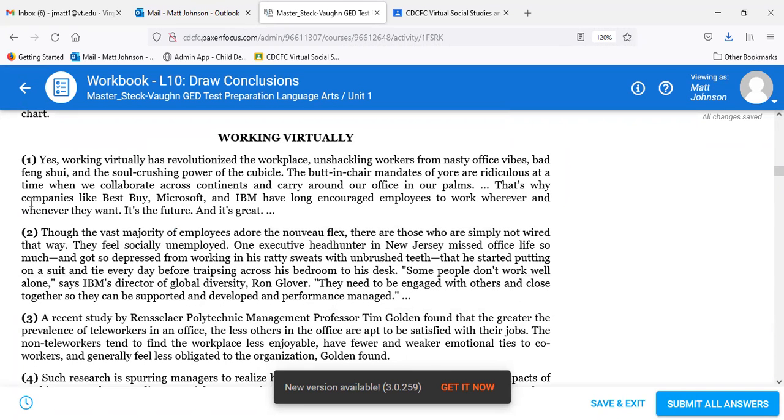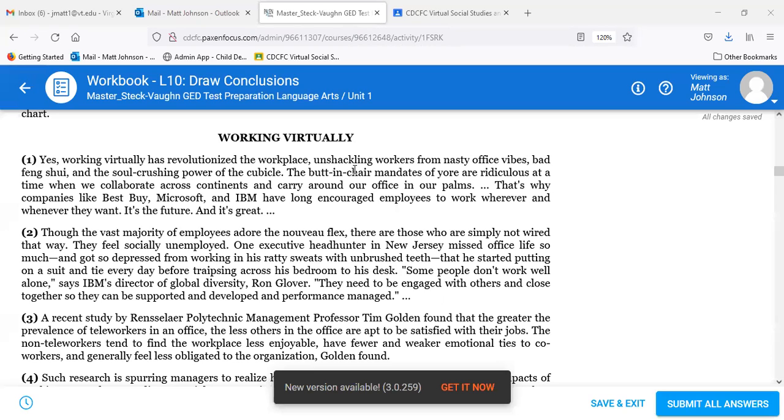Though the vast majority of employees adore the Nouveau Flex, there are those who are simply not wired that way. They feel socially unemployed. One executive headhunter in New Jersey missed office life so much and got so depressed from working in his ratty sweats with unbrushed teeth that he started putting on a suit and tie every day before traipsing across his bedroom to his desk.